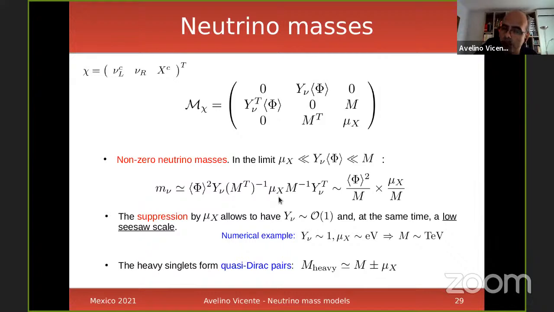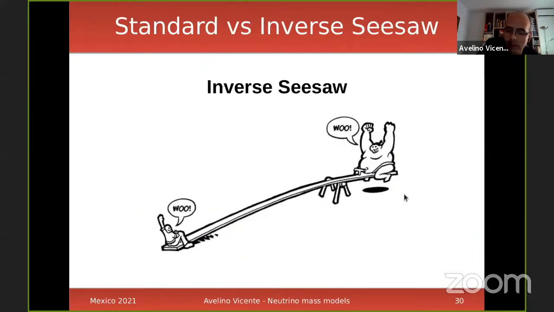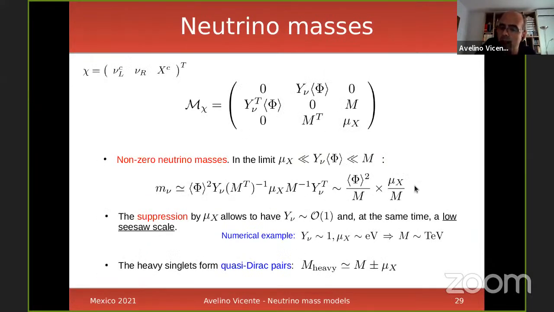This is very important. So you get something that looks like the Higgs vev squared divided by m times mu divided by m. Now, the whole point is that since mu is much smaller than m, you don't need m to be that large to get light neutrinos, because you can play with the smallness of mu.